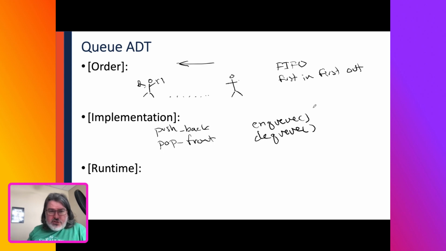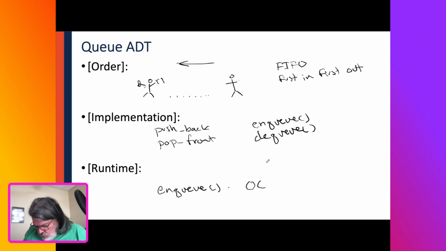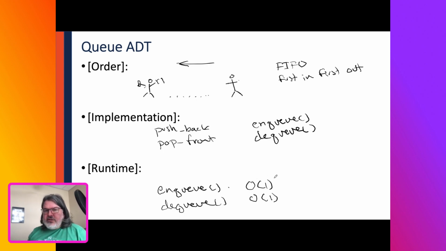Well, if we use an array, constant. If we use a linked list, constant. Constant time, NQ and DQ. Awesome. We now have a data structure where all of the operations you can do on it are constant time.